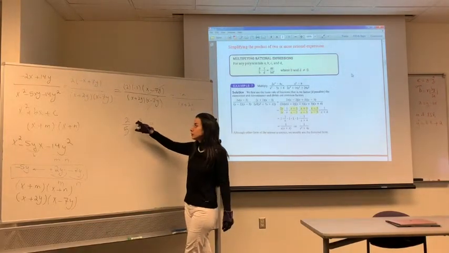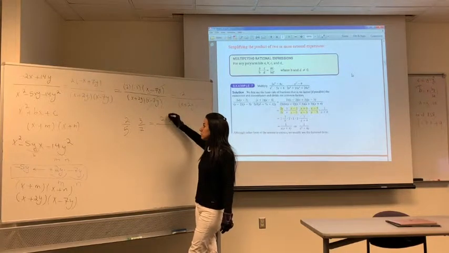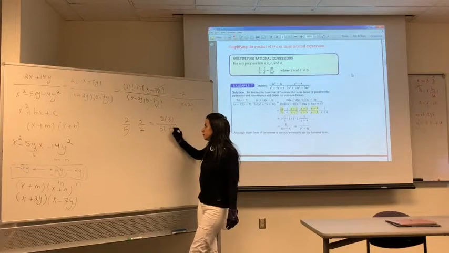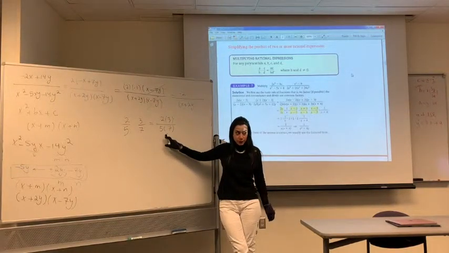We say 2 multiplies 3 goes on the numerator, and this multiplication goes to the denominator. We can write it in this form. Okay?